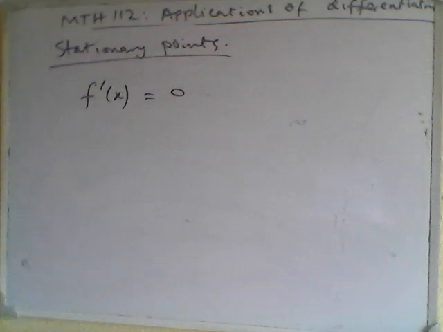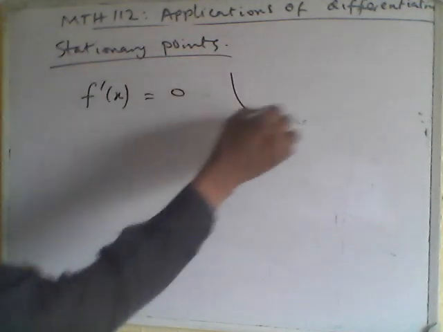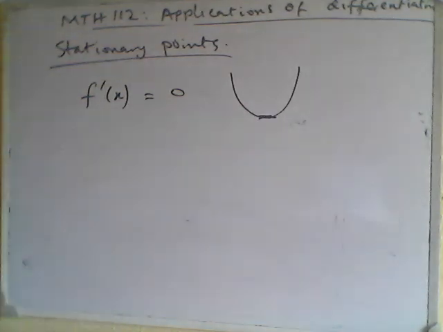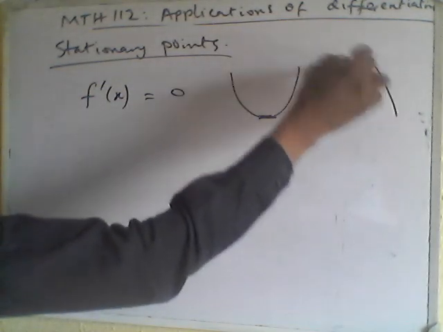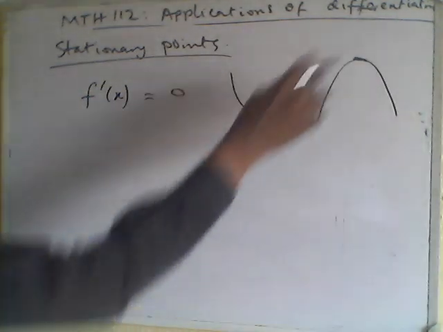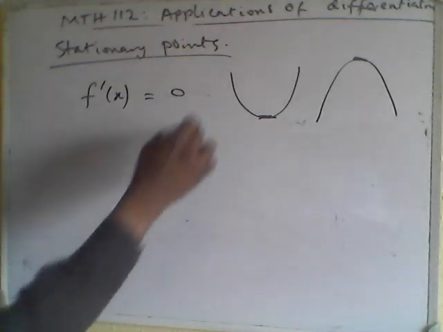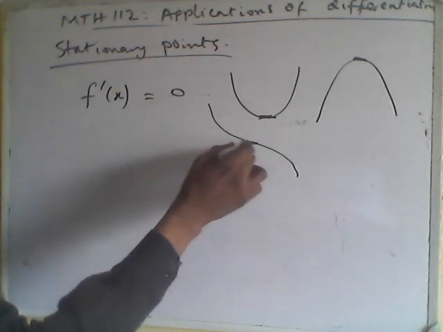It is where the slope becomes horizontal, usually a maximum, minimum or inflection. So I have a curve like this. This point is a stationary point. This is a minimum. This point is a stationary point where f prime of x is equal to 0. Or inflection. Inflection is like this. The curve is changing. This point is an inflection.